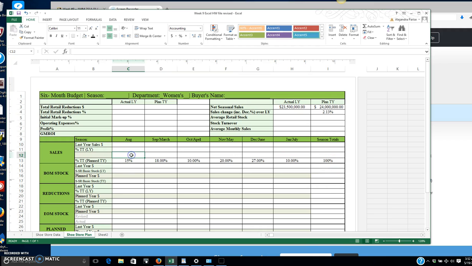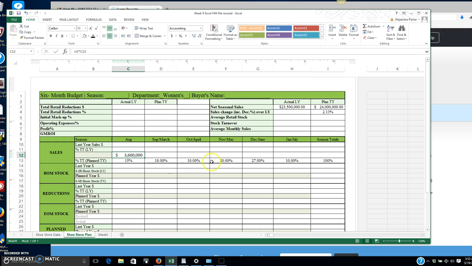Then for your planned sales, you can take your season's planned sales, so equal sign, your 24 million, and then multiply that by your plan percentage for that month. And then you can take that and do the same for the other months as well.